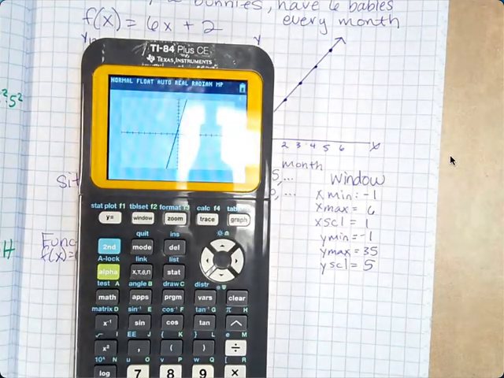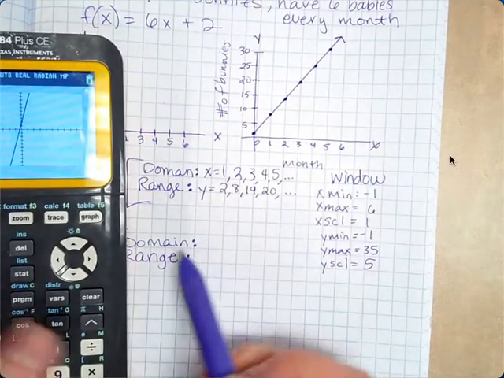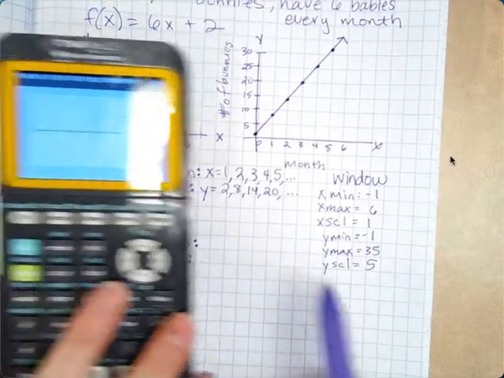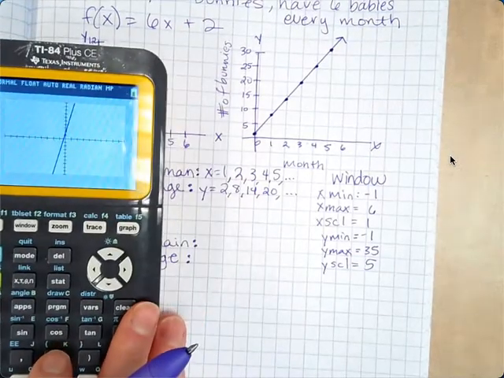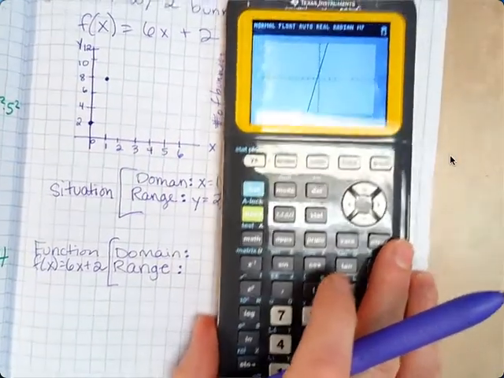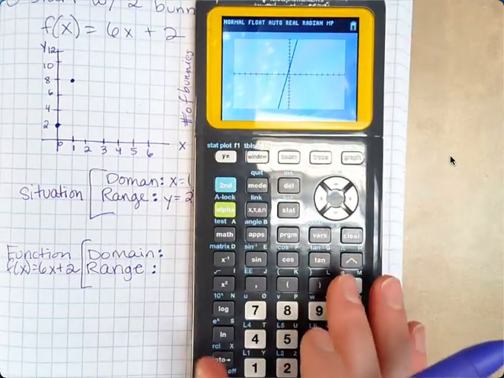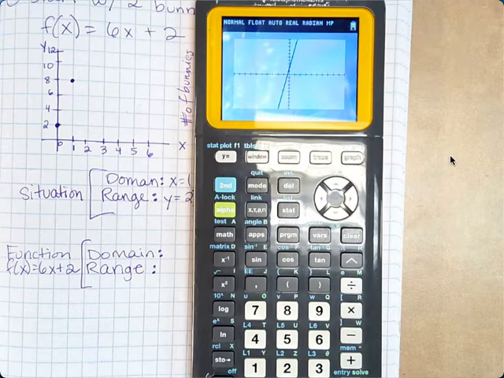So now I'm not thinking about the situation anymore. I'm just thinking about the function, just that 6x plus 2. So what is the domain? What can the x values be on the function? The glare is bad. X can be anything, right?